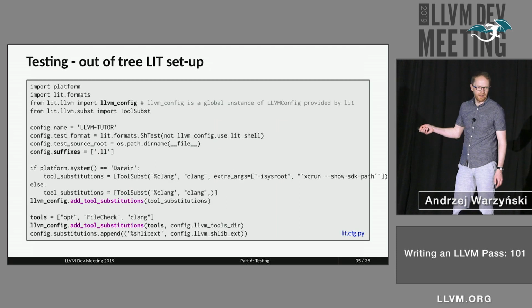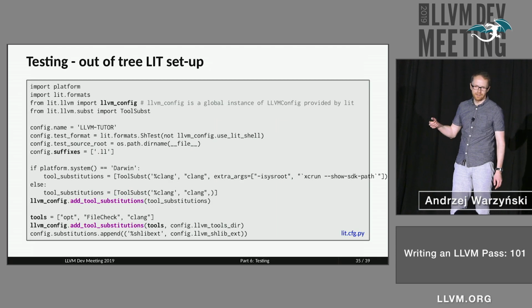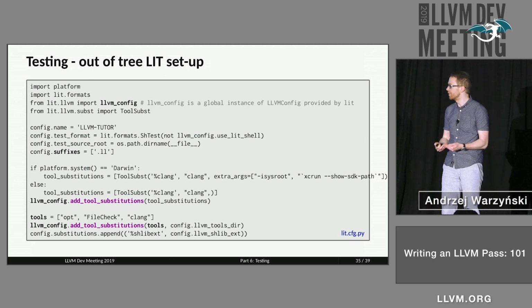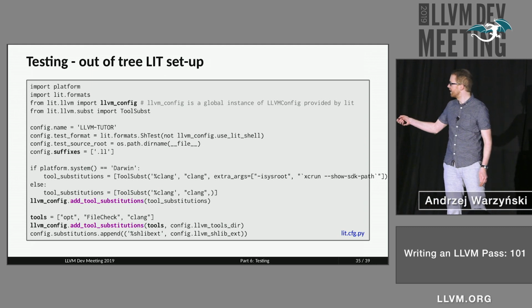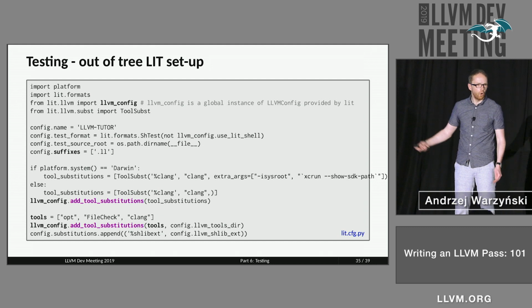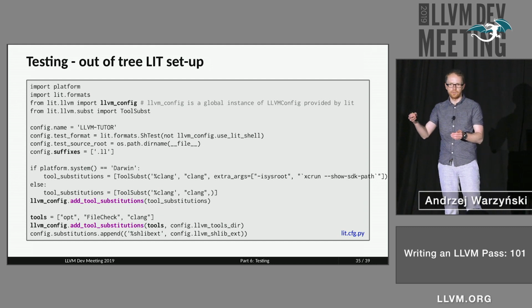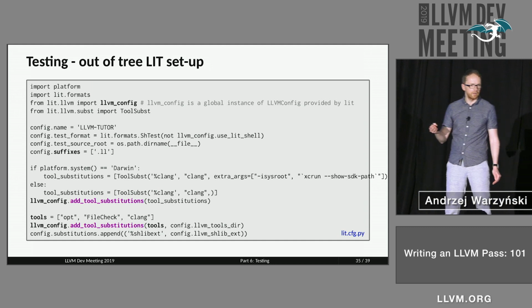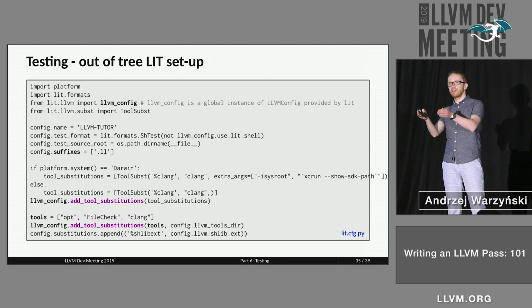The lit.cfg.py file, the one that does the heavy lifting, is also fairly short and there is not that much going on there, where you specify the suffix of your tests. All my tests are LL files, because that's all I've been doing. You specify, for instance, this add tool substitutions, which is important, because in my run commands, I just write opt, FileCheck, clang, or whatever.